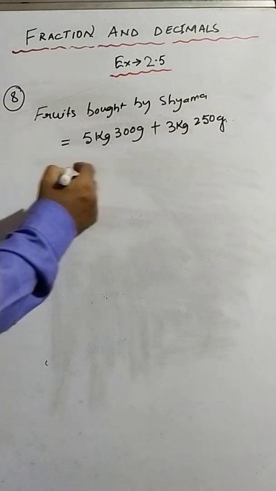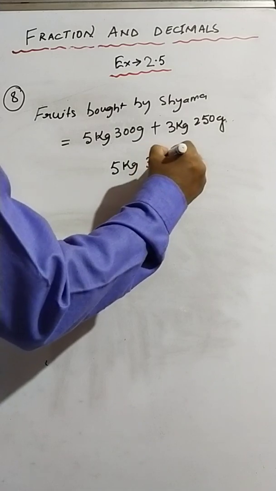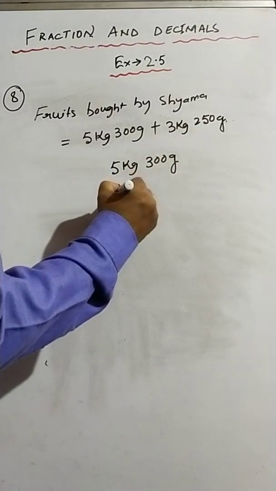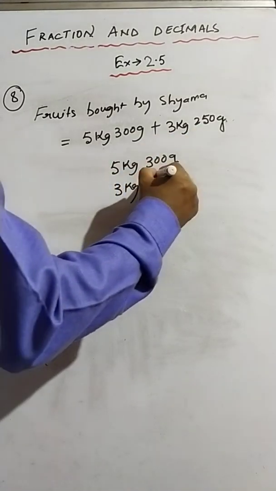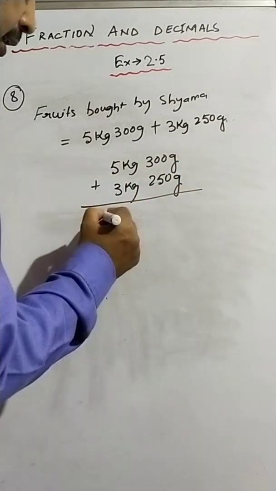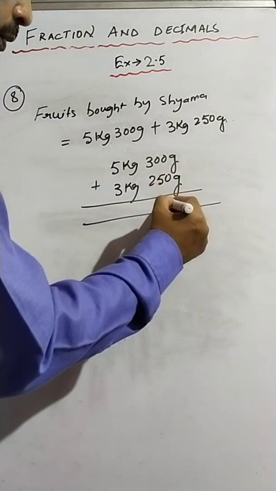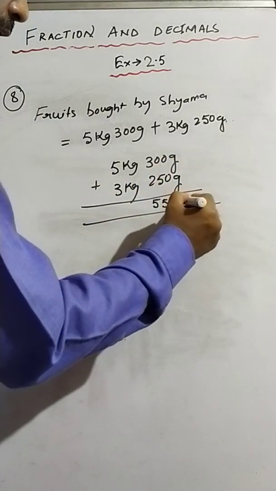Okay, so how to add this? So 5 kg 300 grams, then 3 kg and 250 grams. Okay boys, so I am doing the addition in the gram part first. So what would be the sum? 0, 5, 5 grams.